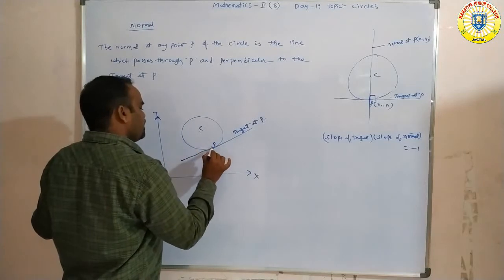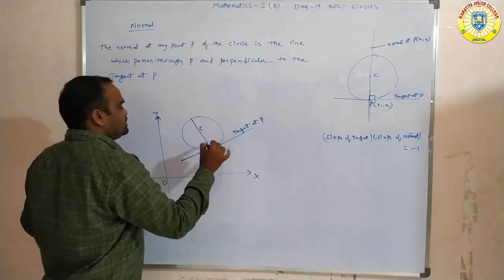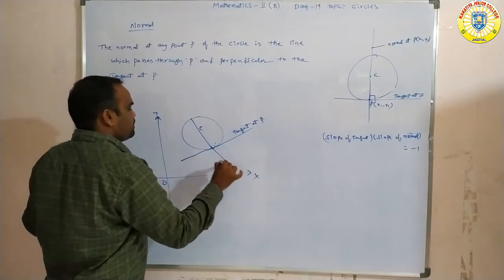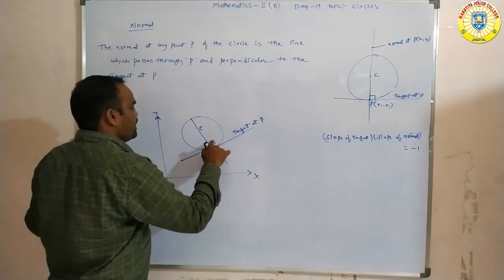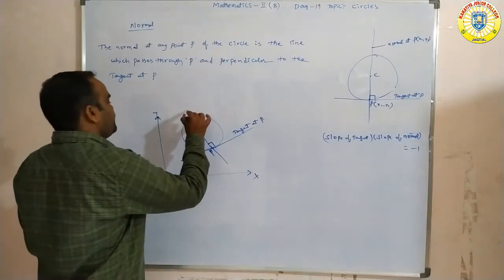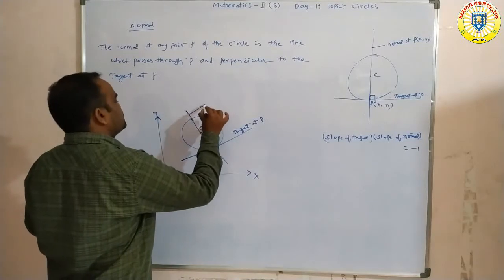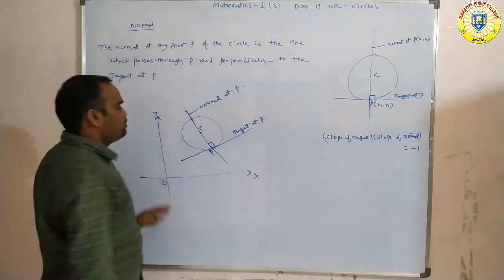So the normal passes through the point P and is perpendicular to the tangent at P. So this is the point P. Normal and tangent are both perpendicular, and every normal line passes through the center of the circle.